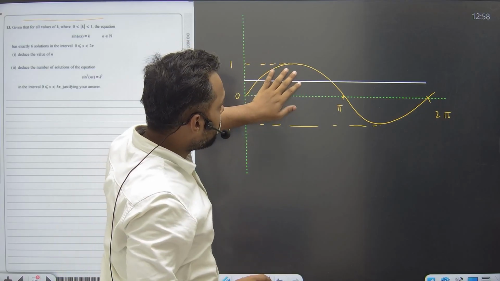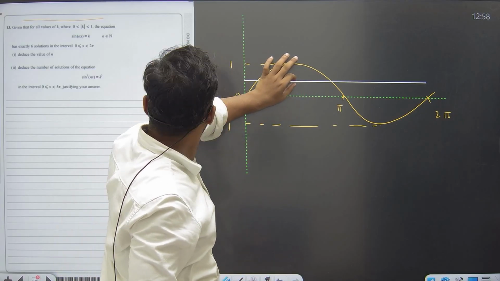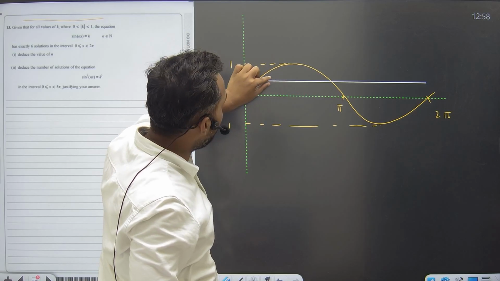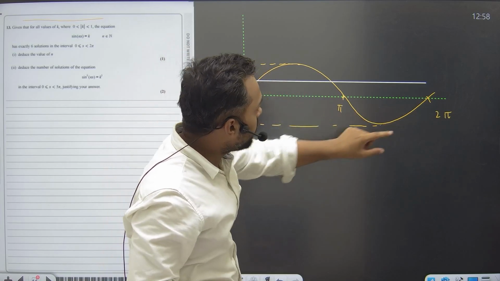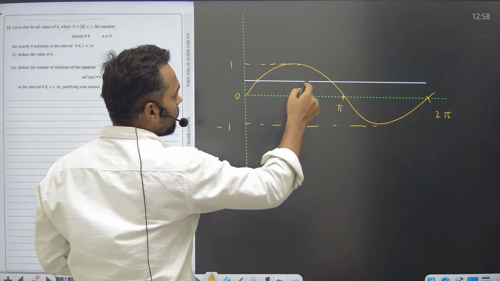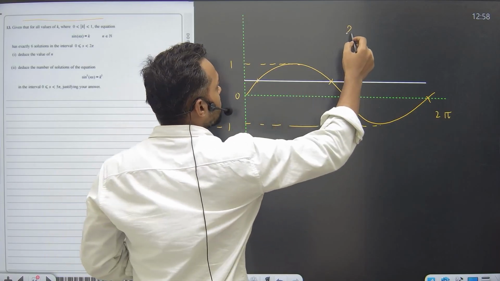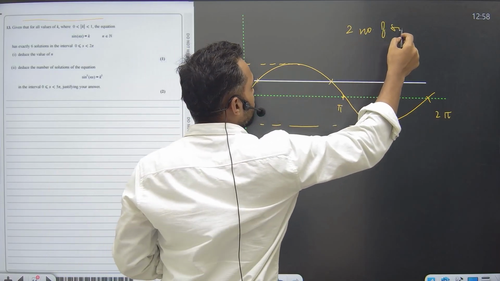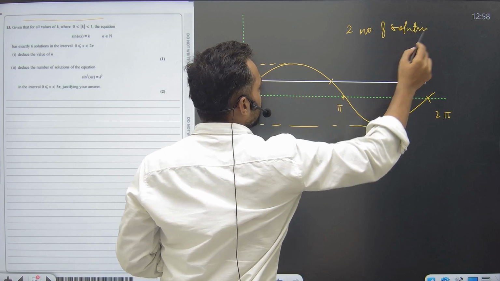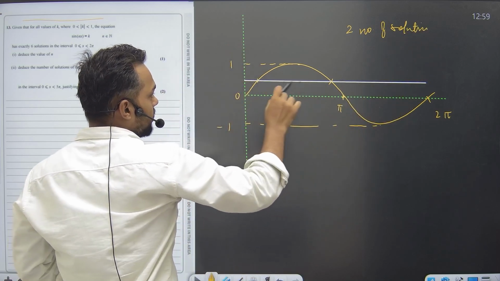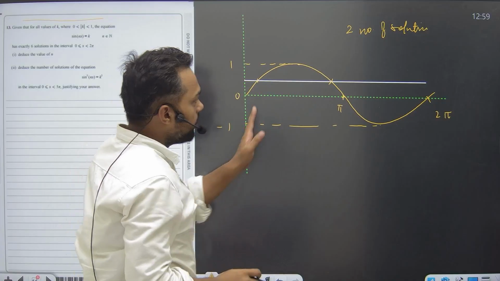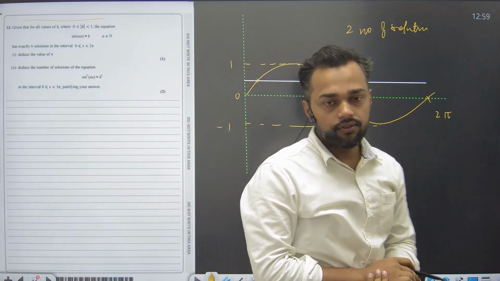Whenever this particular line is lying between 0 and 1, 2 solutions are possible, because this line intersects the graph of sin x at 2 points between 0 and 2 pi.